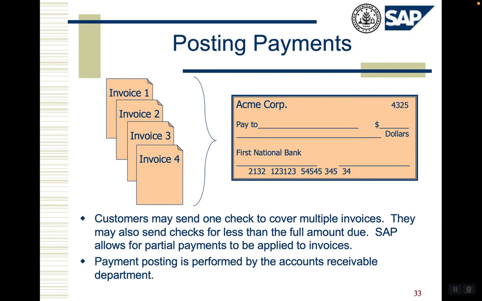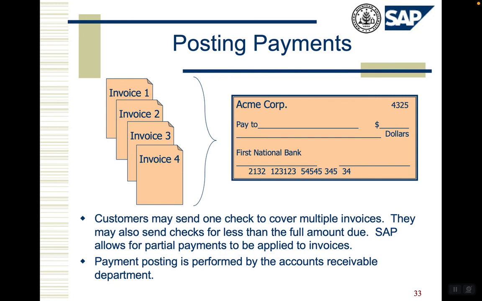Right? And then posting payments. One of the things to remember about posting payments is that companies can send one check for multiple invoices. They can also send checks for less than the full amount. So, short pay. There are things to be considered: what do you do with a short pay? If something is less than what the bill was, how do we handle that?